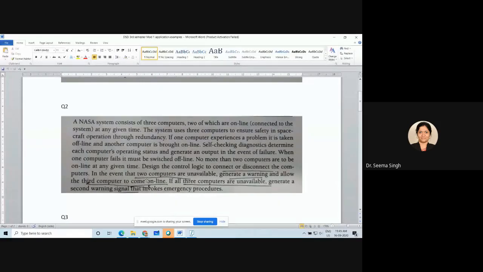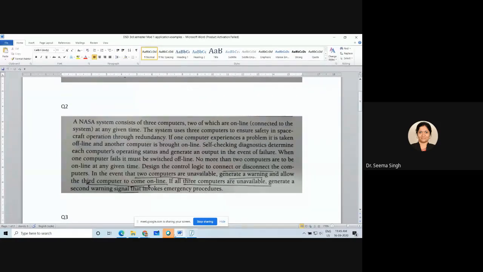This is low level warning when at least one computer is available to work. But if all the three computers become unavailable, then a more serious second warning will be generated, which will invoke emergency procedure. So this warning when three computers are unavailable is a serious warning, the high level warning. Okay.